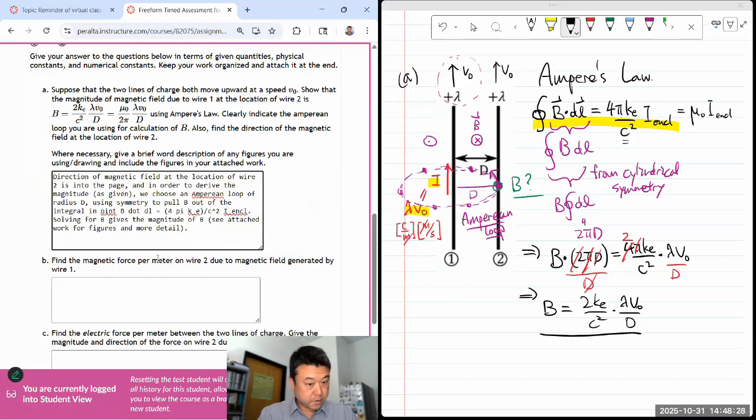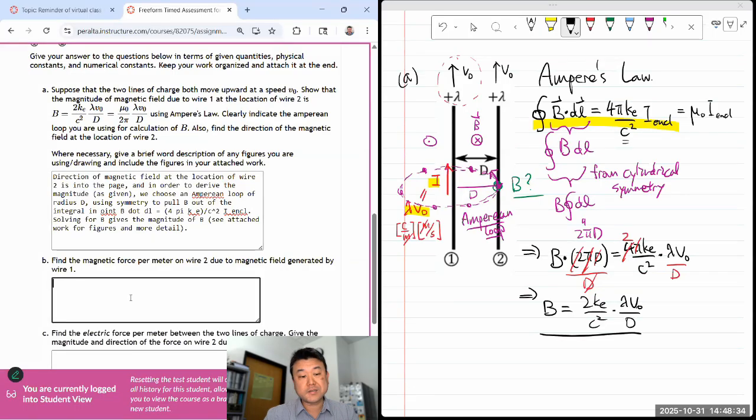Find the magnetic force per meter on wire 2 due to the magnetic field generated by wire 1. So for this I'm going to use the force on a current. The magnetic force on a current carrying wire is given by the magnitude of the current times dl as a vector, cross B. So for that left side, the magnetic field is pointing into the screen.